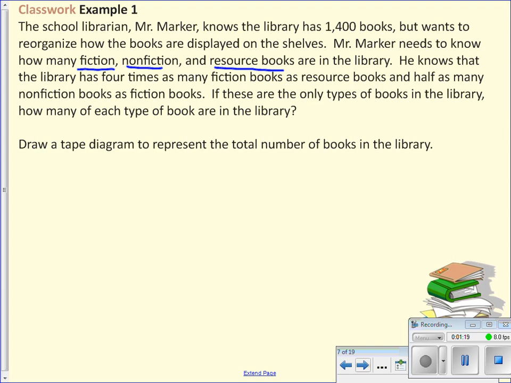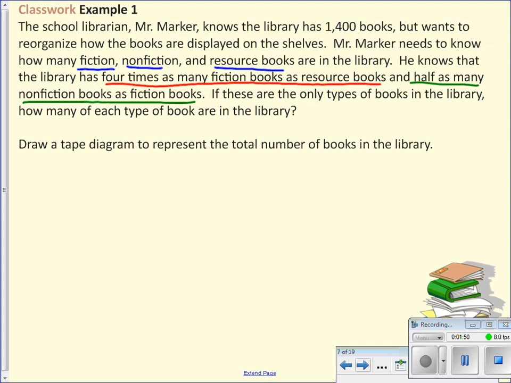He knows that the library has 4 times as many fiction as resource books, and he knows that he has half as many nonfiction books as fiction books. If these 3 are the only types of books in the library, how many of each type of book are in the library?